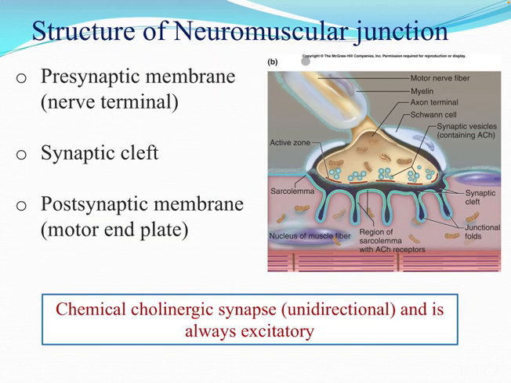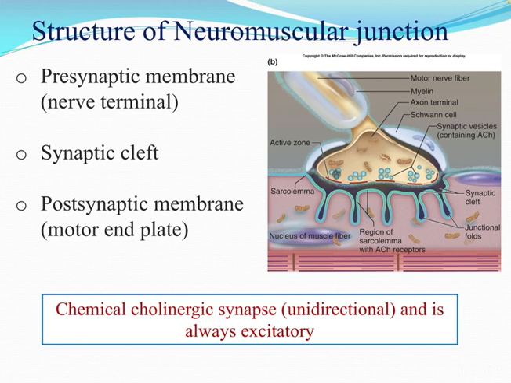Now the structures present in the neuromuscular junction are the presynaptic membrane, that is the nerve terminal, the synaptic cleft, and the postsynaptic membrane, that is the motor end plate. The presynaptic nerve terminal membrane consists of lots of mitochondria.